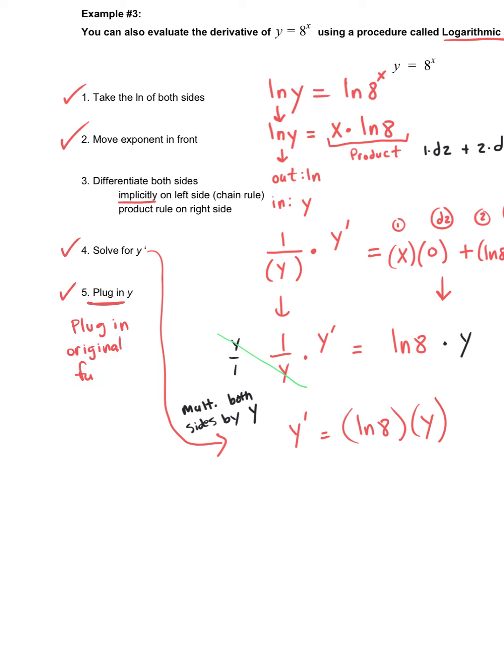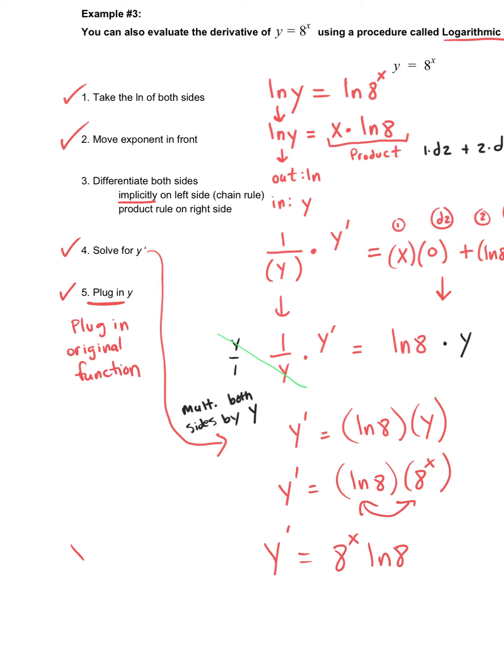So our original function is 8 to the x. So here we go. y prime is equal to ln 8 times 8 to the x. And then if we rewrite that and flip those around, then you can see that it worked.